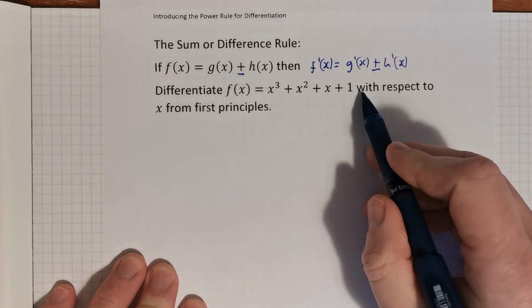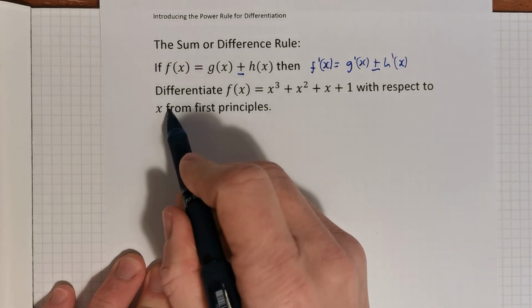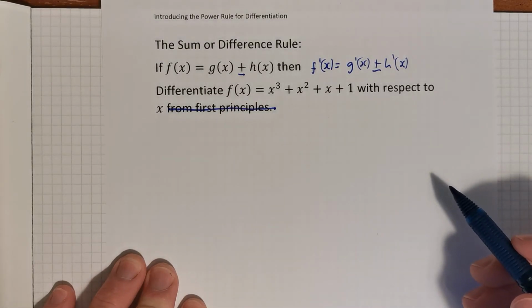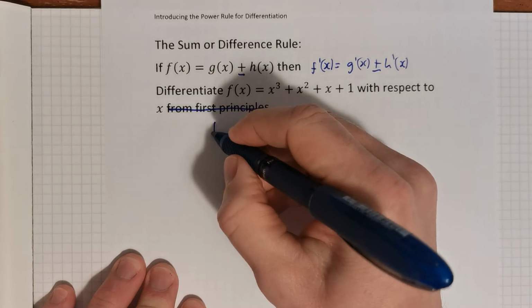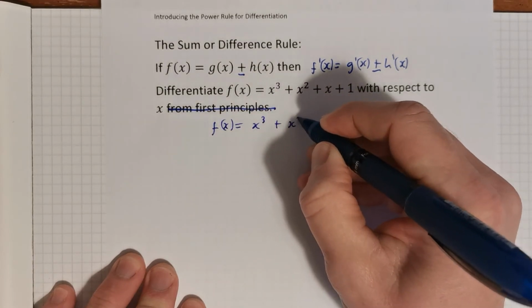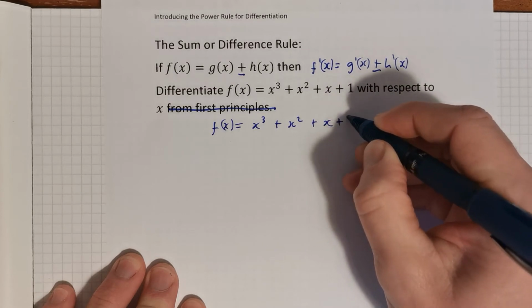So let's have a look. I want to differentiate this thing, but I don't want to do it from first principles, so I'm going to get rid of that because that's going to take too long. I want to just use it by rule. So f of x is equal to x cubed plus x squared plus x plus 1.